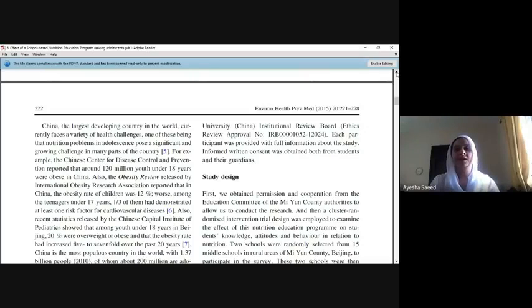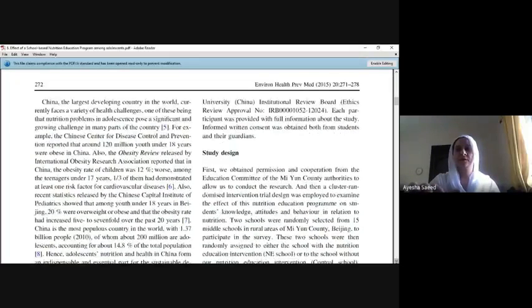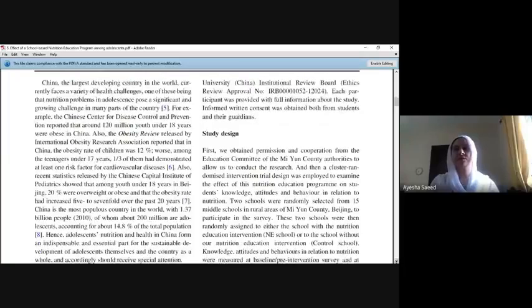What was the study design? Let us see. After getting the permissions from the education committee and the county authorities, a cluster randomized intervention trial design was employed to examine this effect. So what was cluster?